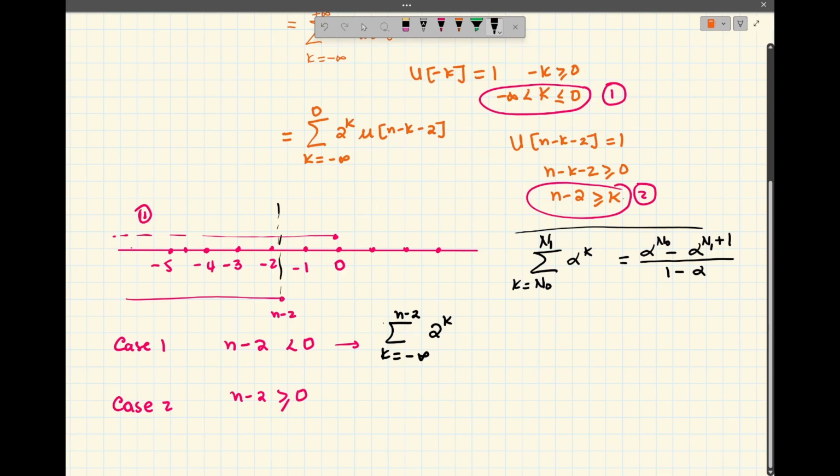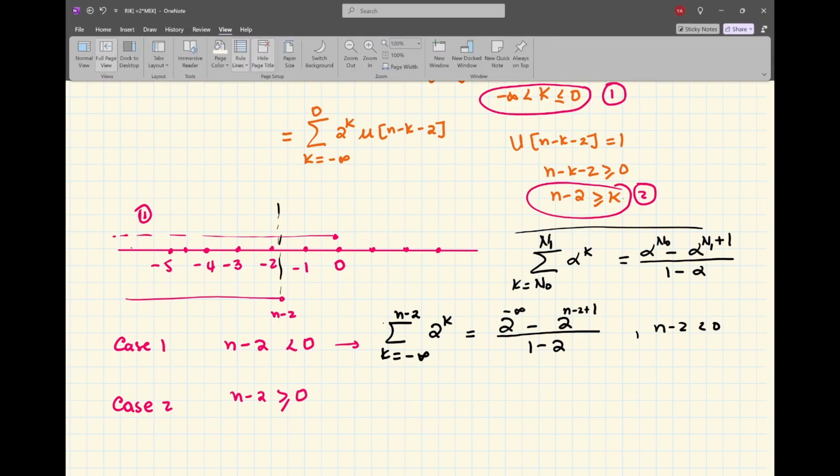Okay, so then that gives me 2 to the negative infinity minus 2 to the n minus 2 plus 1, divided by 1 minus 2. And this condition is n minus 2 less than 0.